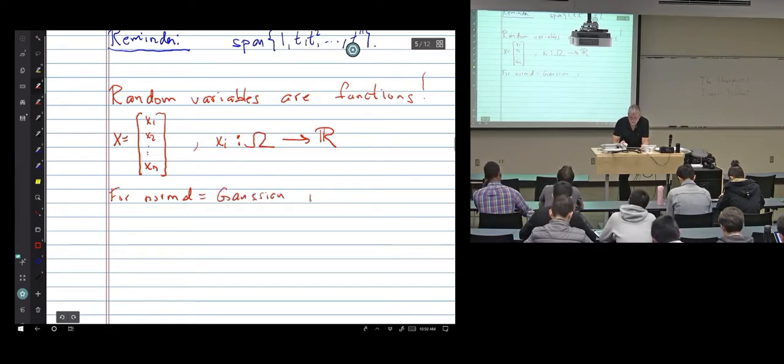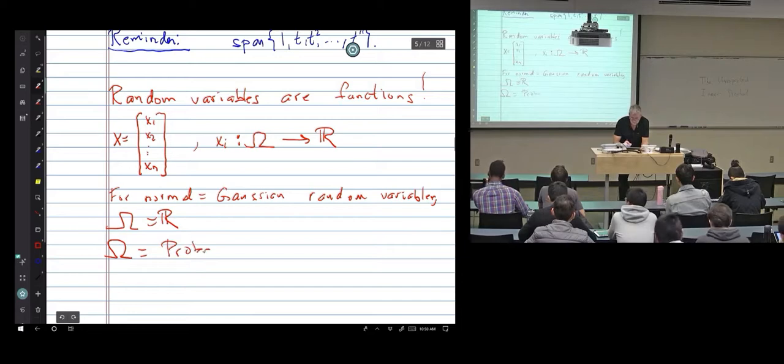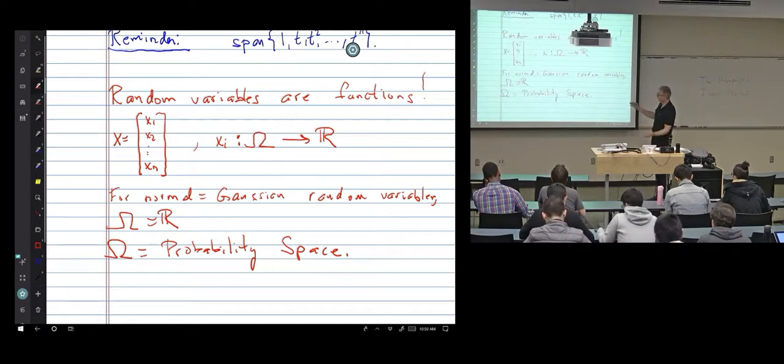Random variables. Omega equals reals. And omega has a name. It's called the probability space. My probabilities measure the size of subsets of omega.